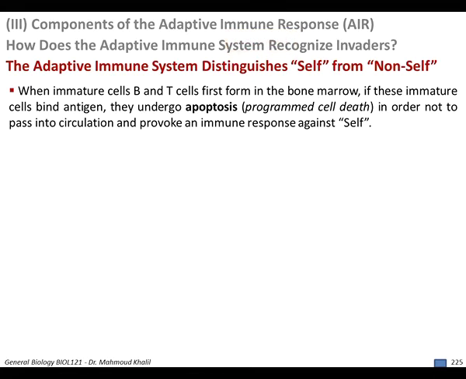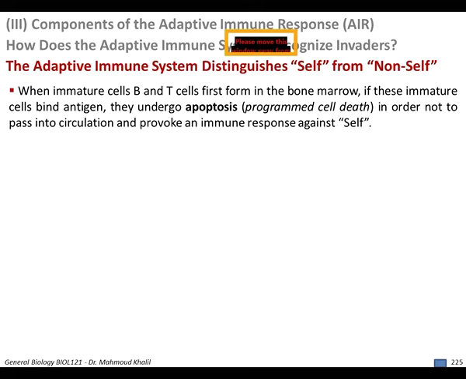So before leaving the bone marrow, there is like a checkpoint. Once the bone marrow finds that these immature B and T cells can recognize self, they do apoptosis, which is programmed cell death. Or in other words, they are triggered to die.